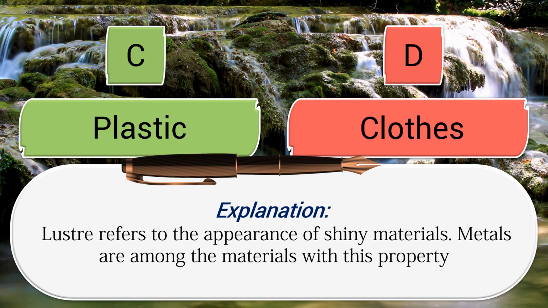The answer is plastic and clothes. Lustre refers to the appearance of shiny materials. Metals are among the materials with this property.